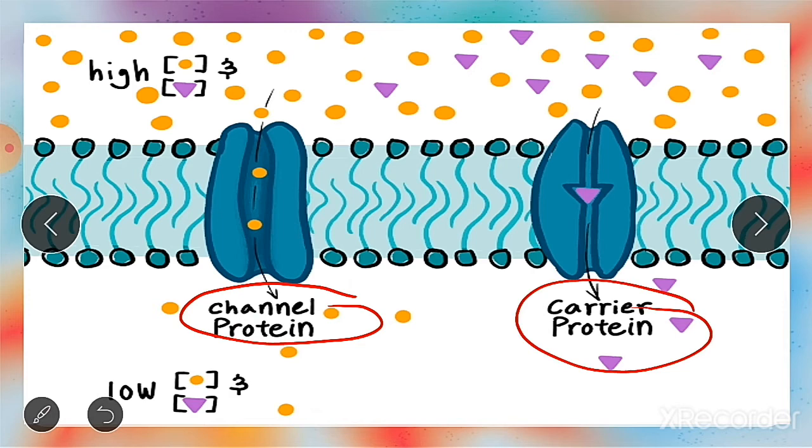These channel proteins and carrier proteins enable the solute molecules to cross the lipid bilayer through a passageway in the membrane. So they allow a passage through which these molecules enter the cell or exit from the cell. These permeases, or transport proteins, are specific in nature.